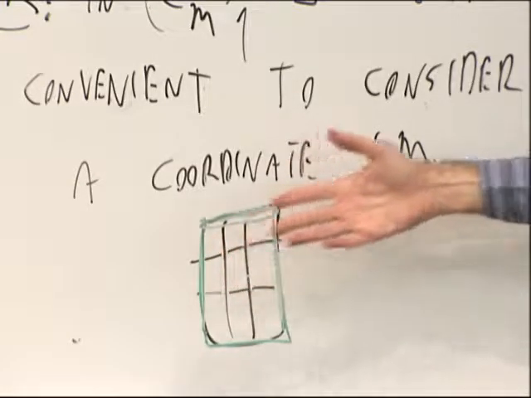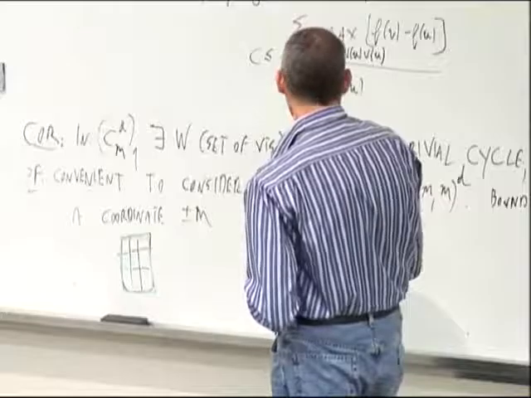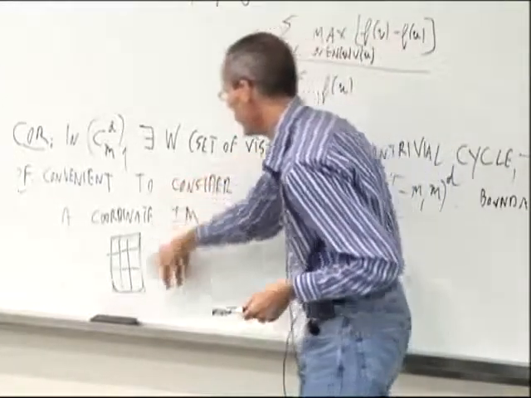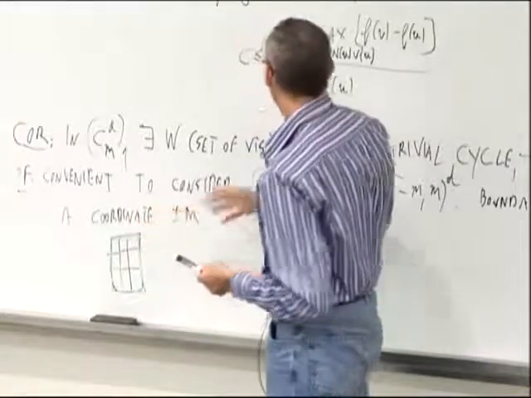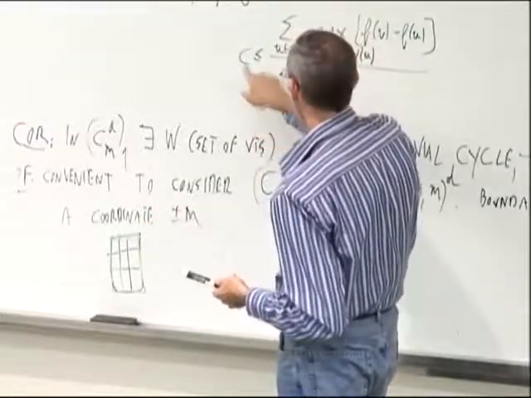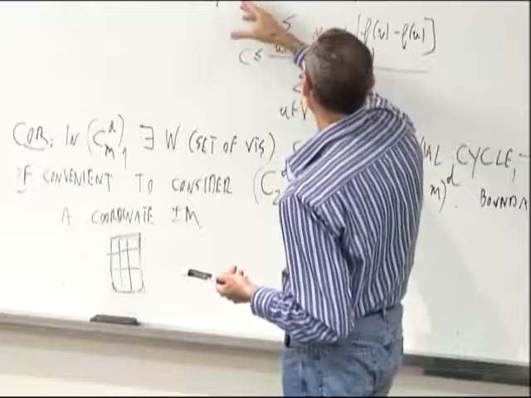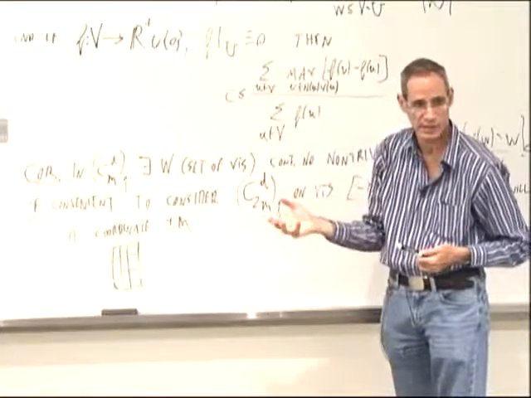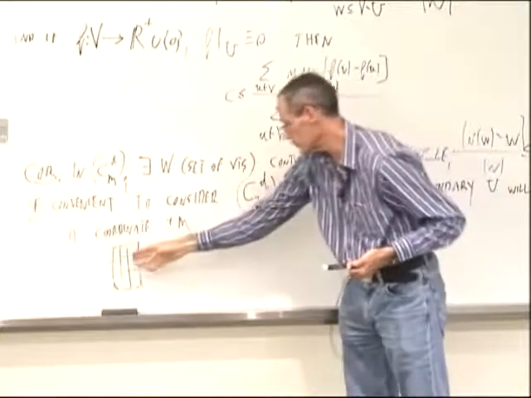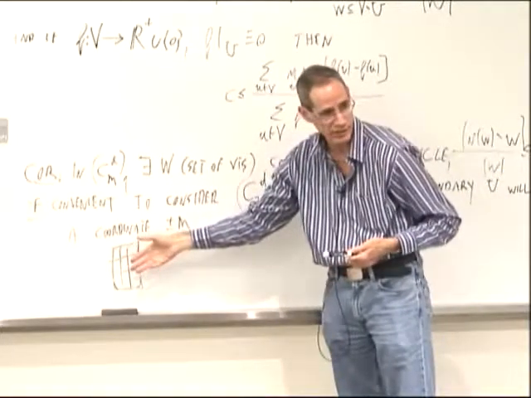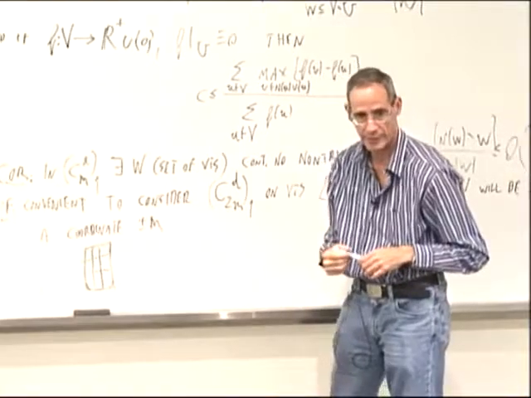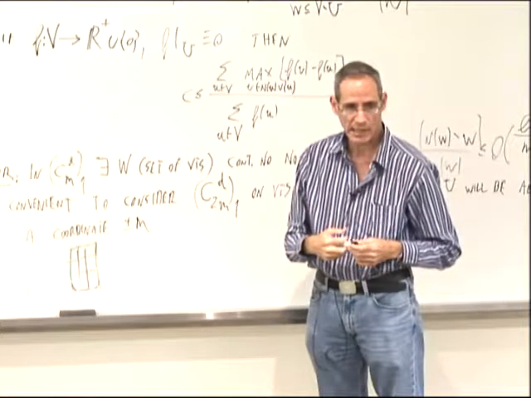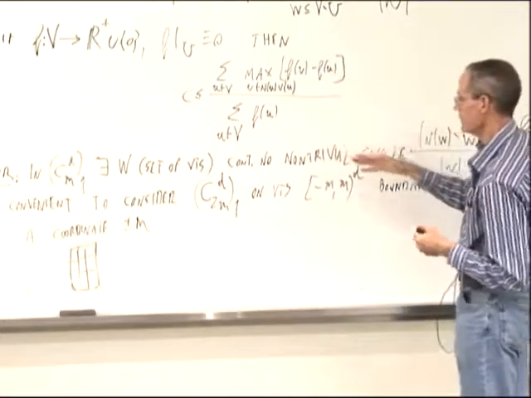So we just need to define some f here that will be 0 on the green part, and so that this ratio will be small, and then this statement will tell us that there is a W with small boundary, and again, W does not contain non-trivial cycles because it doesn't touch the boundaries of this torus. If you take W to be a smaller box, then I'll be in trouble because these things do not scale.